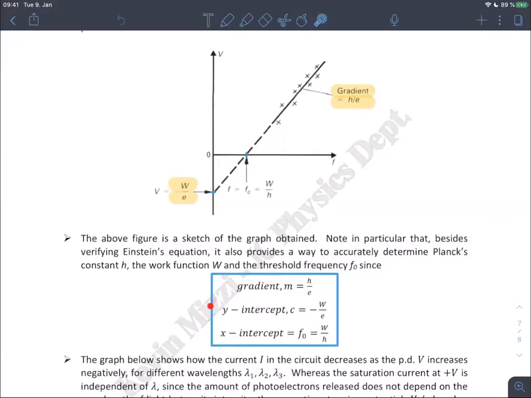The results we just mentioned are summarized here. So thus, we can determine Planck's constant h from the gradient, whereas the work function can be determined from the y-intercept.